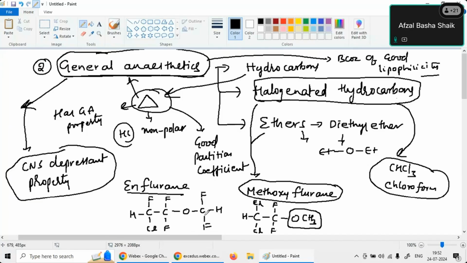As these compounds have all these characteristics, they are generally used as general anesthetics, right? Similarly, compounds which have these groups generally have CNS depressant property. If you take bromides, bromides also have CNS depressant property, right?